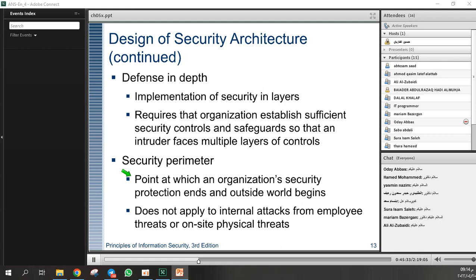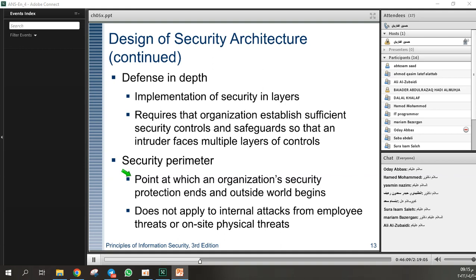Inside the organization, I trust my employees, but outside the organization, no. It means that I have different types of attacks from outside to inside.